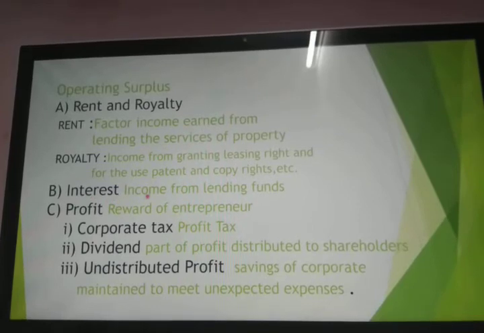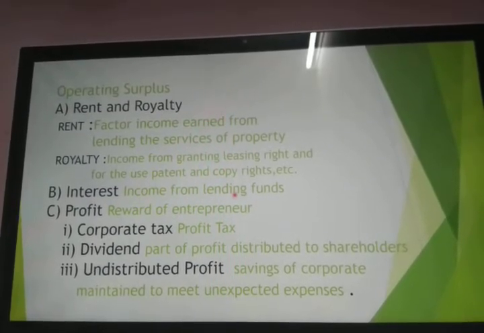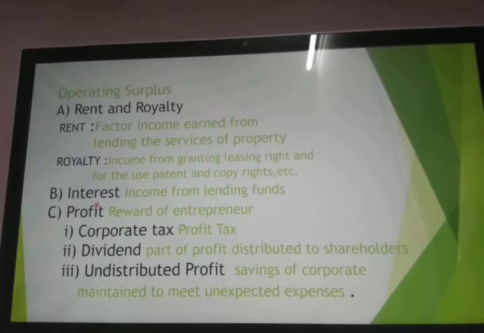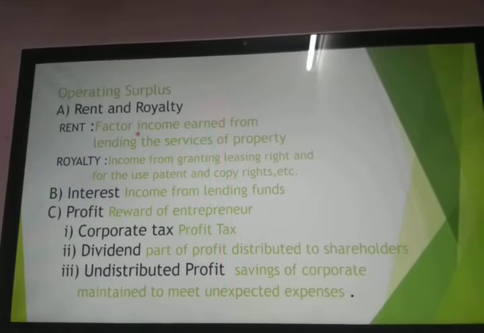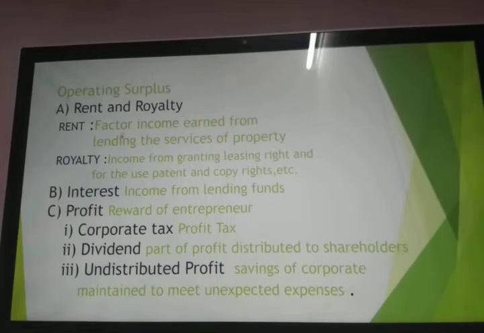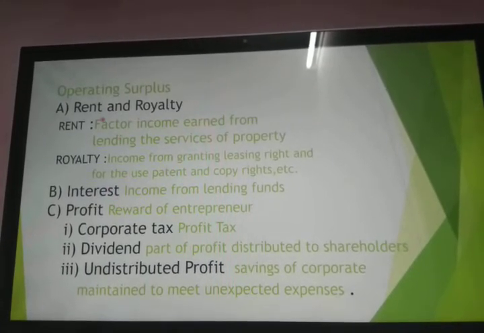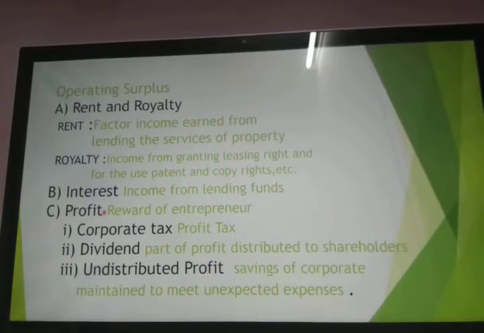Interest is the income from lending the funds to the various producers or producing units for investment purposes. So that generates interest. These three become income from property, under the heading of rent, royalty and interest.